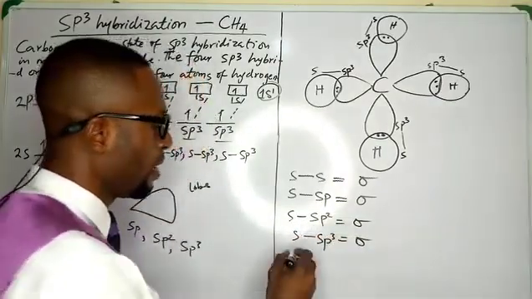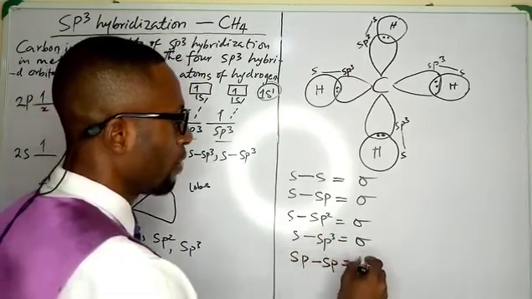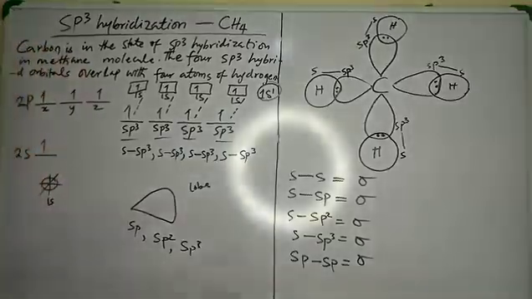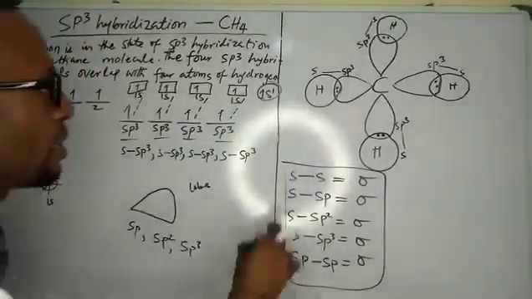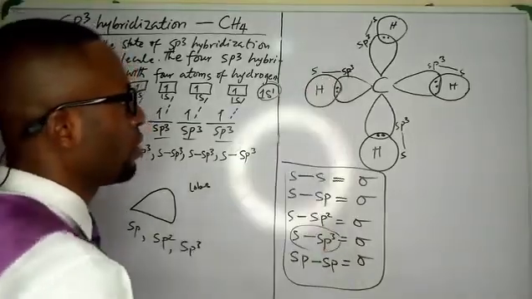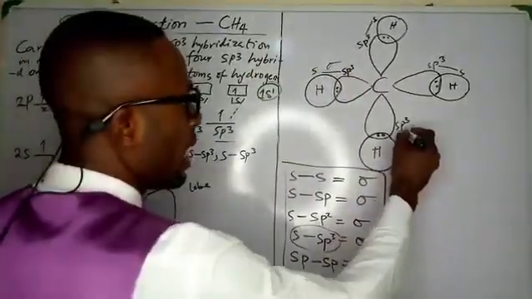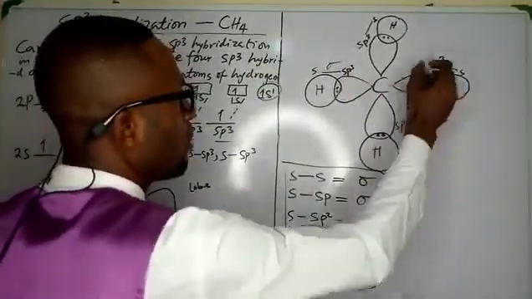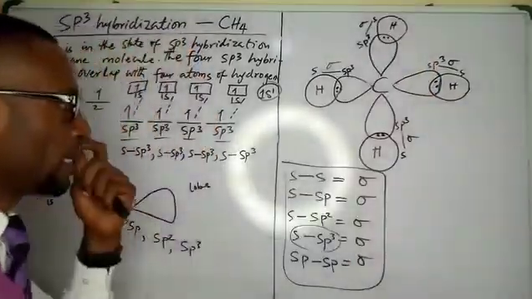Whenever you have any sp to any sp, you are going to have equally a sigma bond. Please take note of all of this. So when an s to sp3 covalent bond is formed, this is a sigma bond. Again, s to sp3 is a sigma bond.